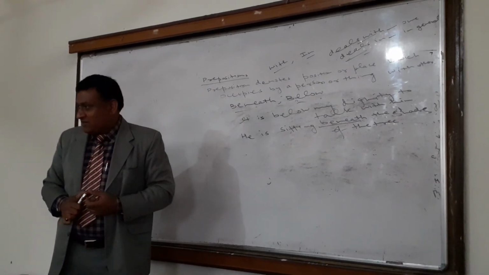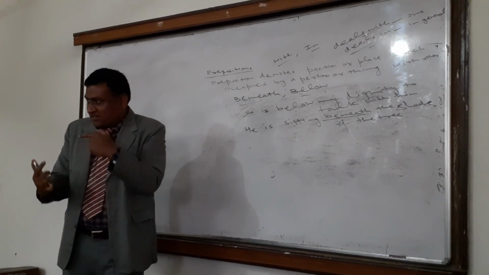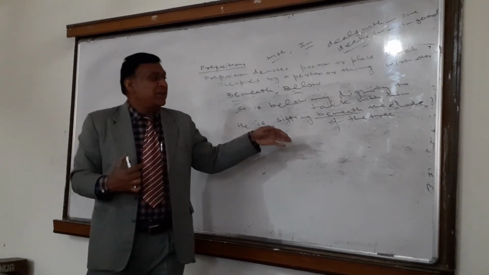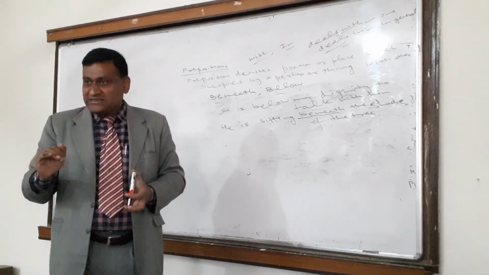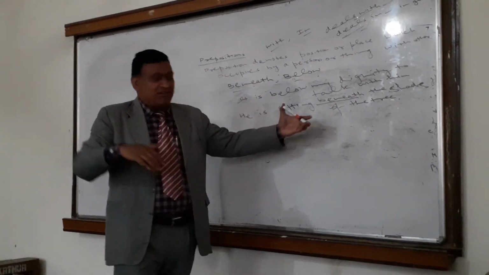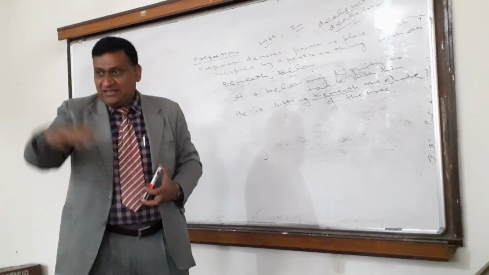This is correct. Most of the time the student may be confused whether to place beneath or under. So beneath is the right thing because a person is sitting in the shade of the tree, not under the tree.